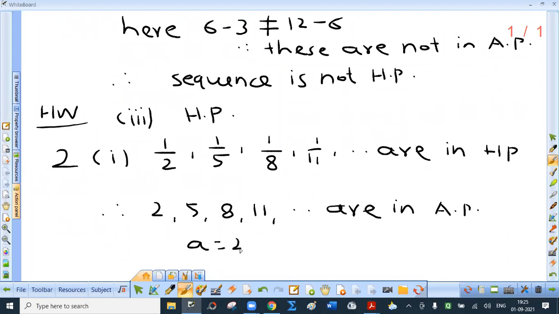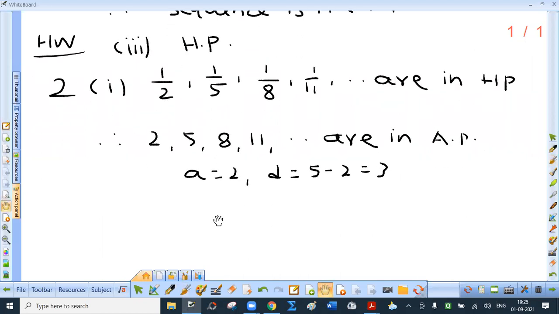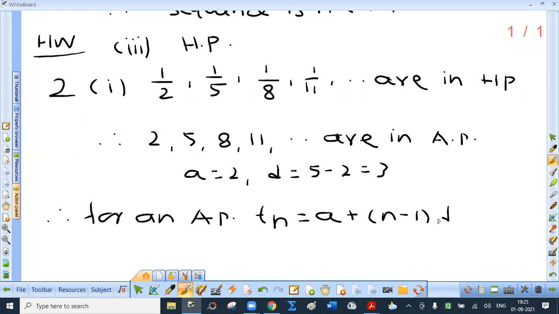Small a, that is first term is 2. What is common difference? 5 minus 2, that is 3. Therefore, for an AP, what is nth term? A plus n minus 1 into D. That is 2 plus n minus 1 into 3. Simplify this. So it is 3n minus 1.